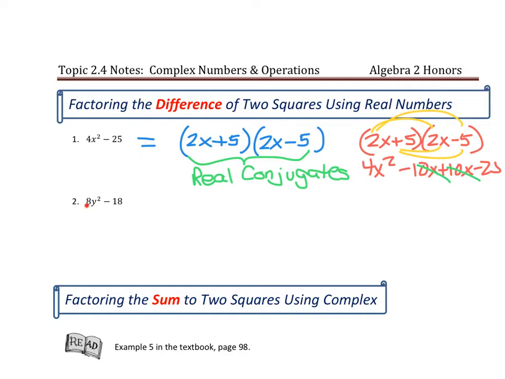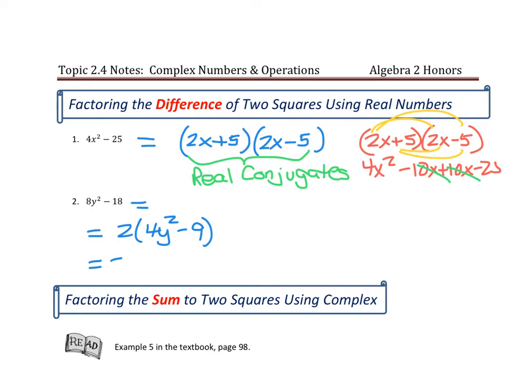Now in the next example, I purposefully gave you two non-perfect squares, but you can see that these are both even numbers, and so you can go ahead and factor out a 2 right away. So here I can have 4y squared minus 9. And here now you see two perfect squares. So I can keep going with that.